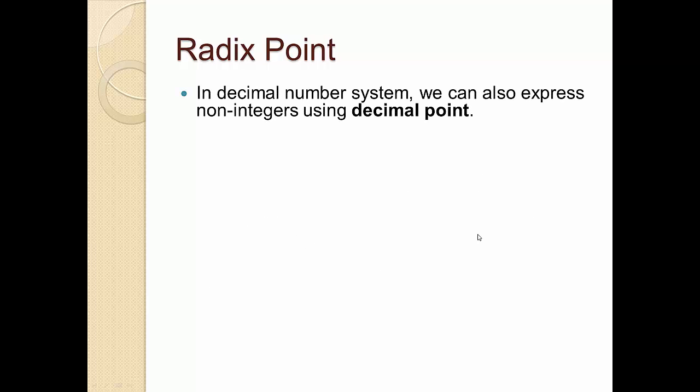Our decimal number system can do more than counting with integers. We can also use it to express non-integers with the help of a decimal point. Here is a very simple example. 25.7 in a decimal number system means 2 times 10 to the power of 1 plus 5 plus 7 times 10 to the power of minus 1.